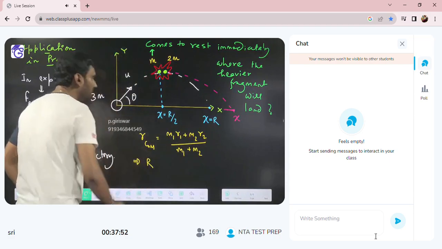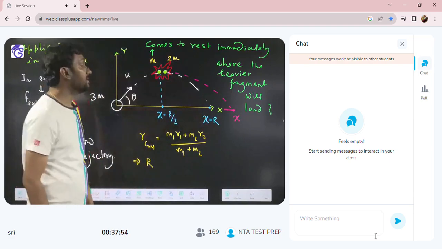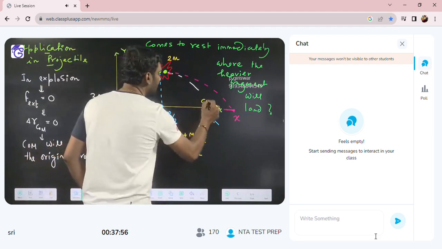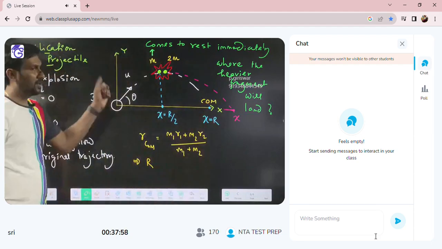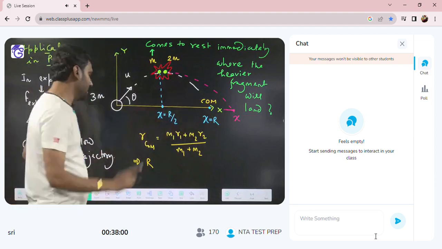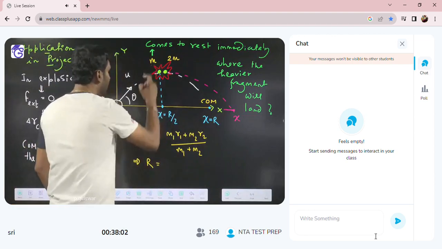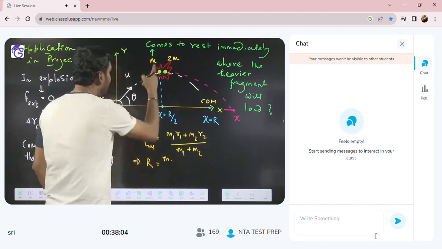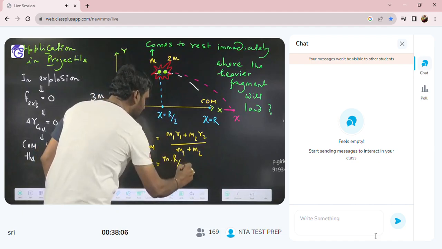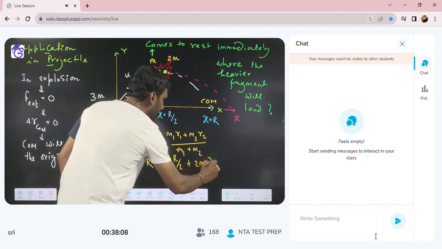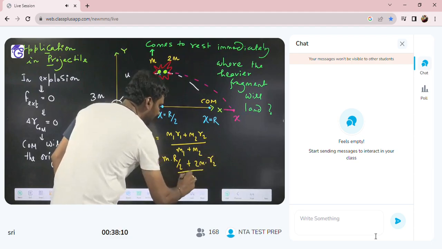Capital R only, it is at the range only. This is where the center of mass is falling, at the range. Correct? M1 is small m, landing at R by 2, plus 2m into R2 divided by 3m.